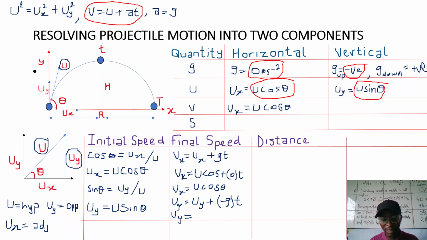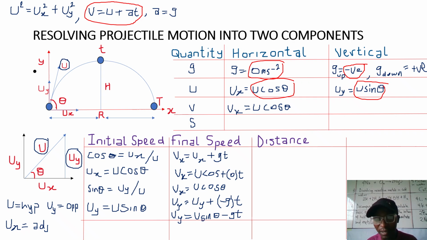So that implies that our final speed will be equal to U sine theta minus gt, and that is the formula of our final speed along the vertical axis.